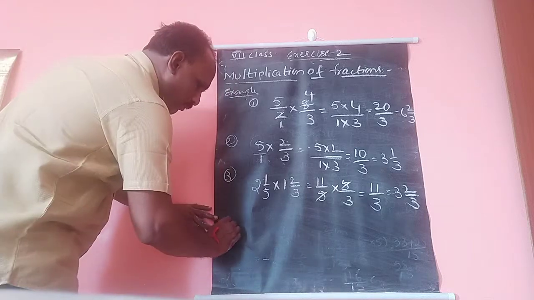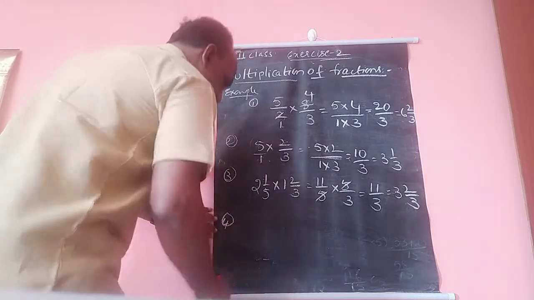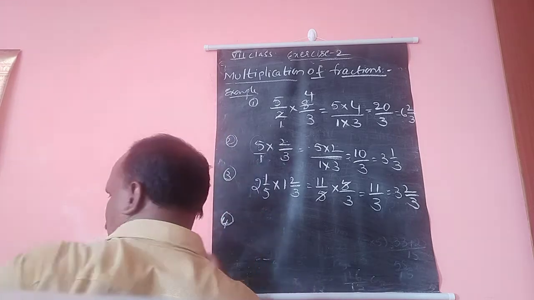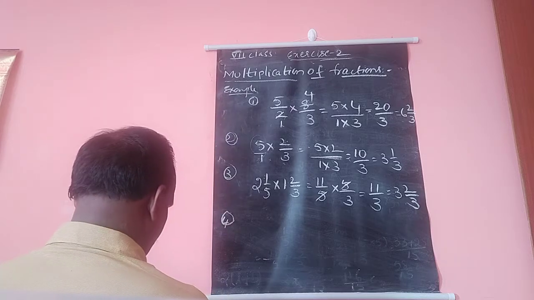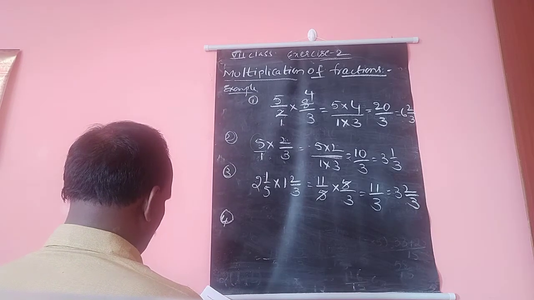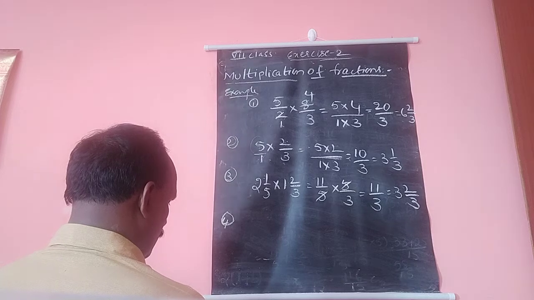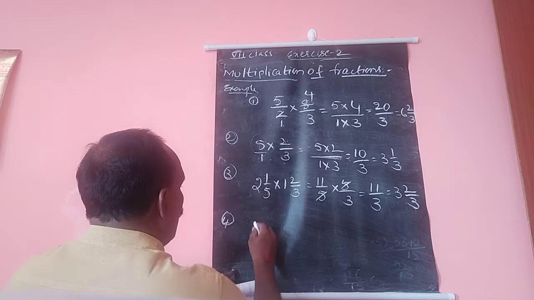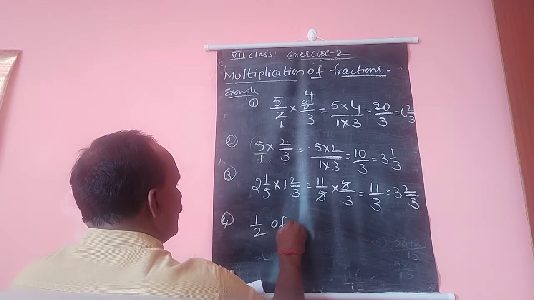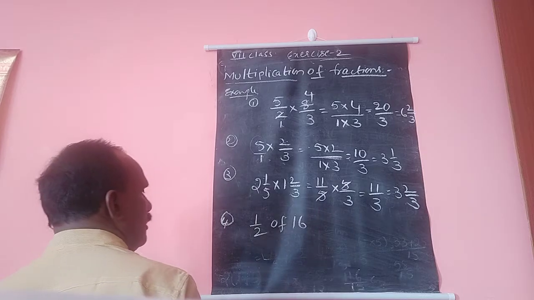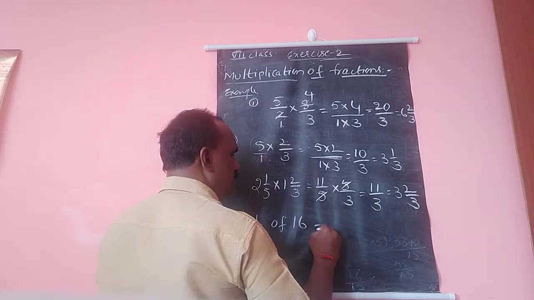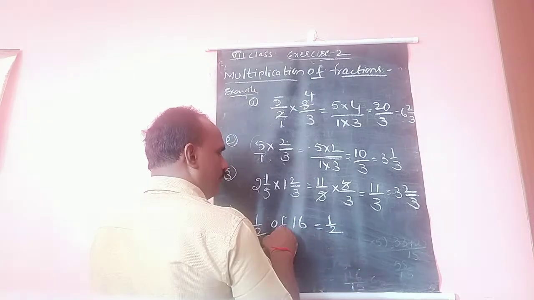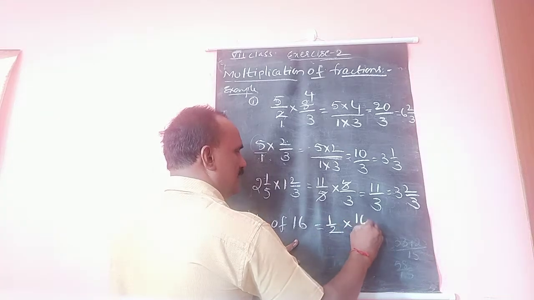And one more model. Suppose half of 16 is there. Half of it means you multiply: half into 16 by 1.